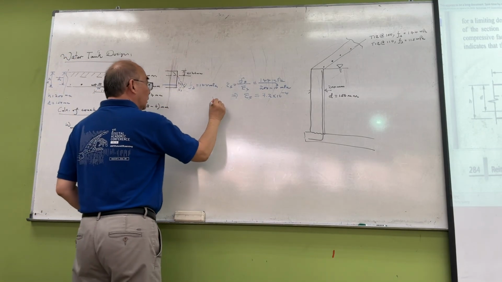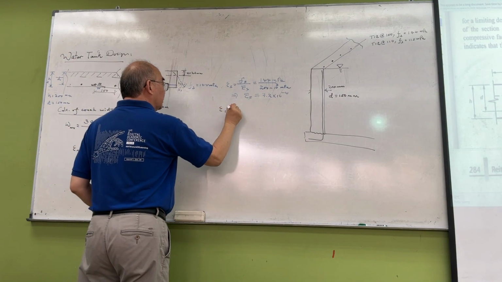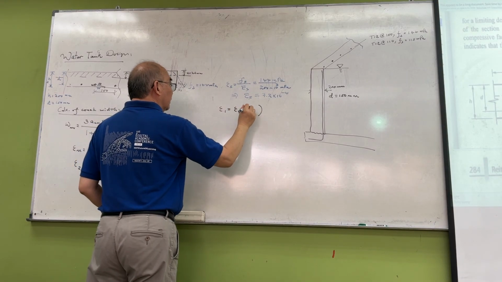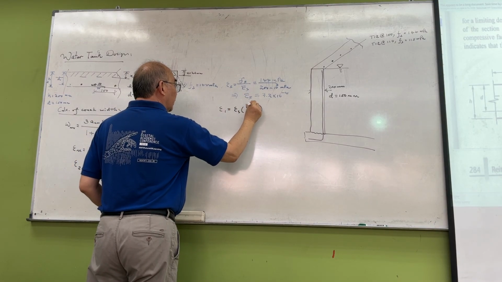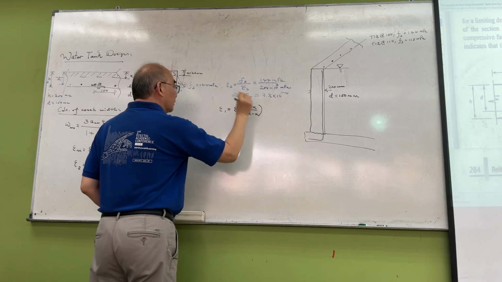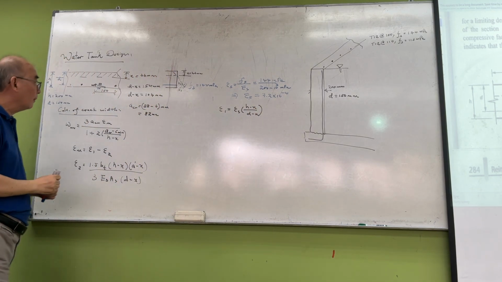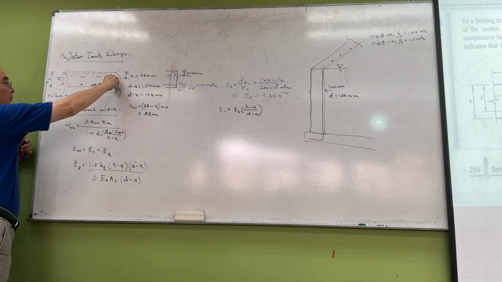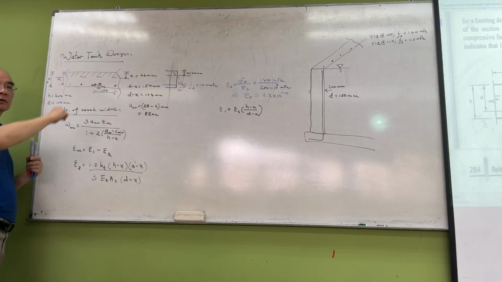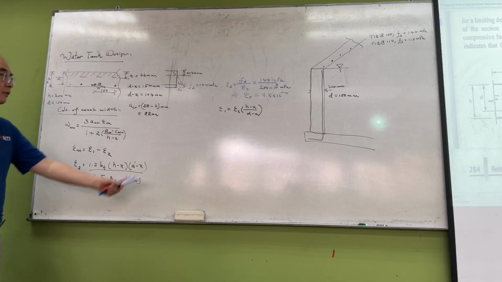So epsilon 1 is equal to epsilon s multiplied by a factor, h minus x divided by d minus x. Okay? d minus x is here, h minus x is here. So what's that value?